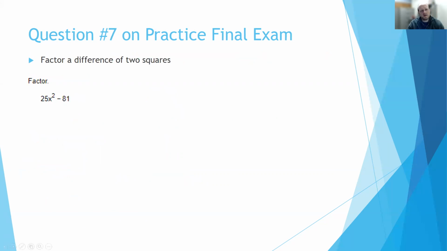All right, and then another question here from chapter 6 is factoring a difference of squares. If we remember our difference of squares, that went something like, if I had something that was a perfect square minus another perfect square, I could take it and have a minus b times a plus b.